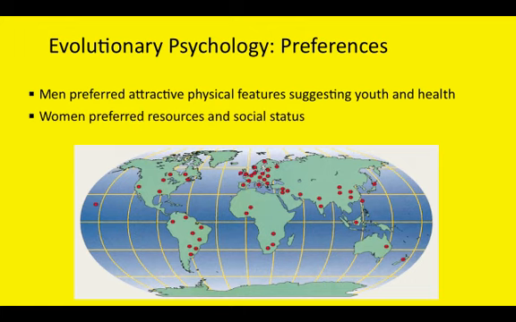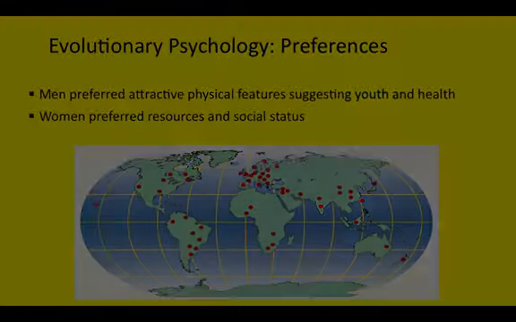Women, on the other hand, seem to prefer resources and social status before attractive physical features and youth and health. Since evolutionary psychologists have found this in many places in the world, they're suggesting that this is a product of natural selection and an adaptation that allows people to be successful in both reproduction and survival.